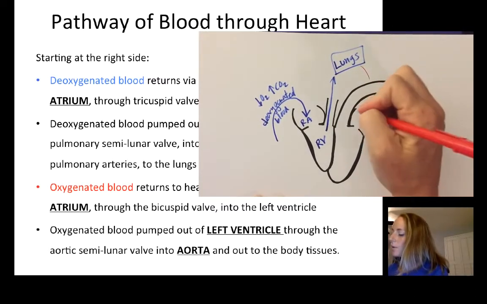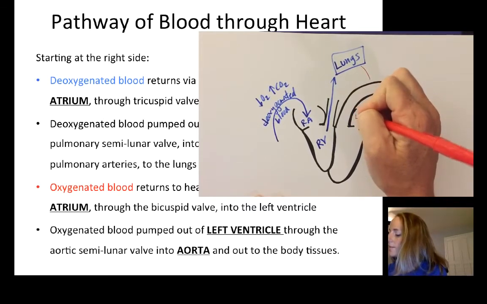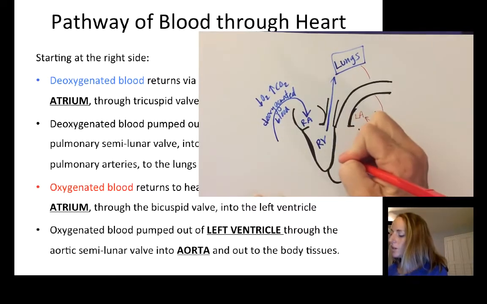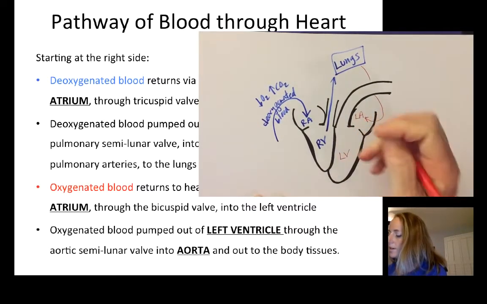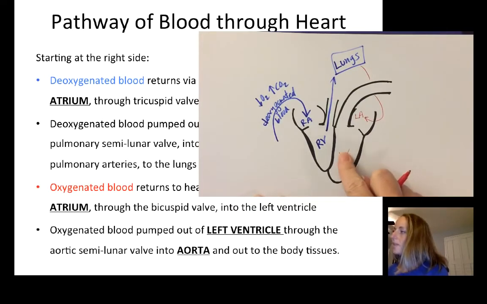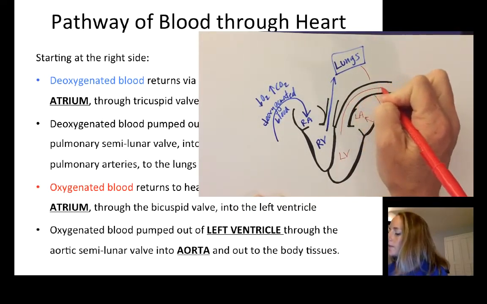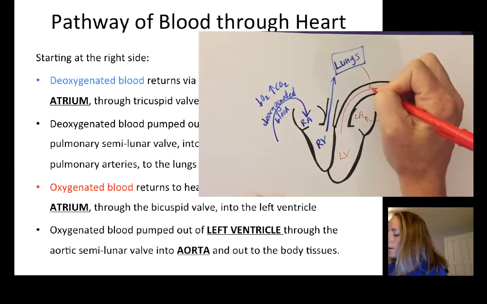And the upper chamber of the left side of the heart is the left atrium. The blood's going to travel from the left atrium to the lower left chamber of the heart, which is the left ventricle. And then the left ventricle is going to pump the blood out of this large vessel, which is the aorta.